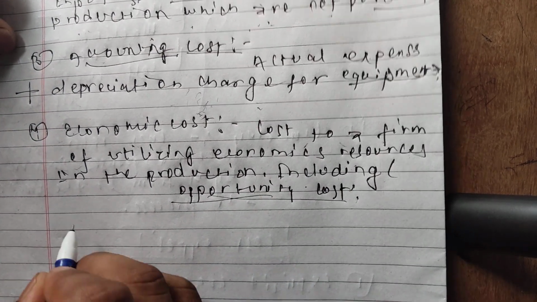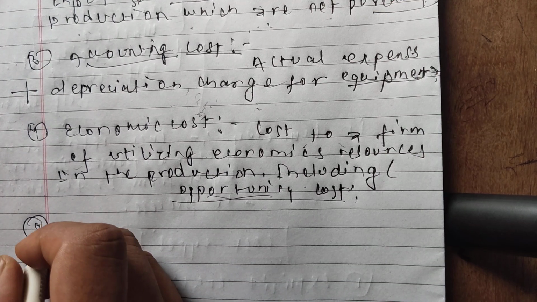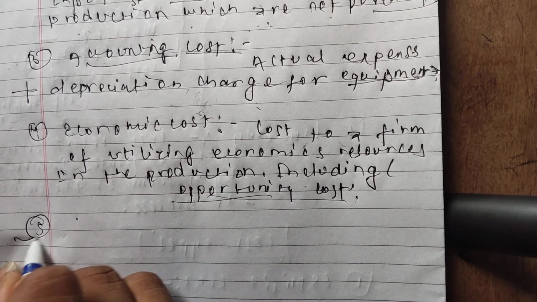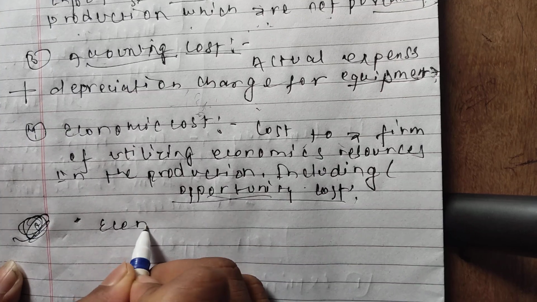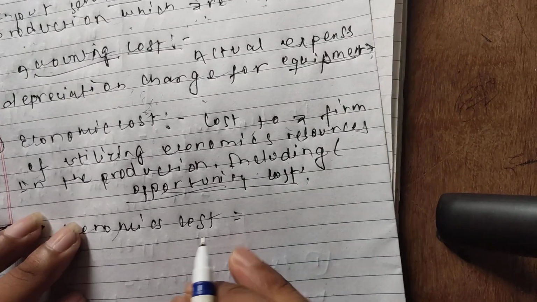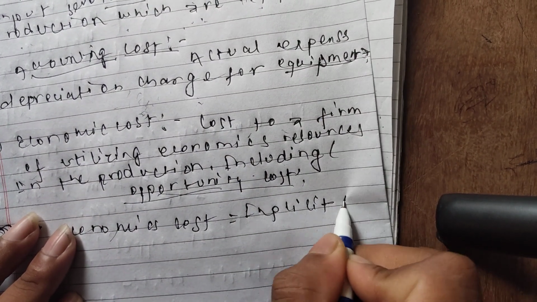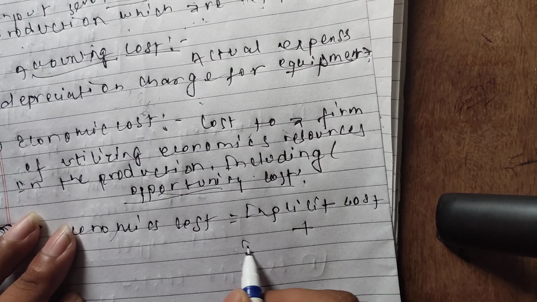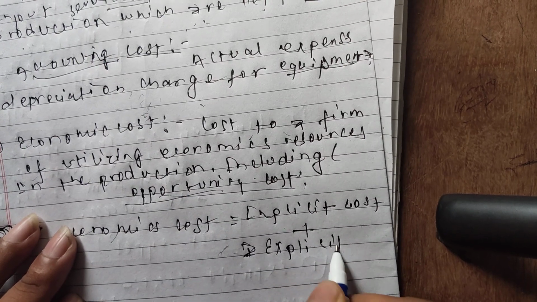Next we have some formulas for finding the economic cost. You can see economic cost is equal to implicit cost plus explicit cost.